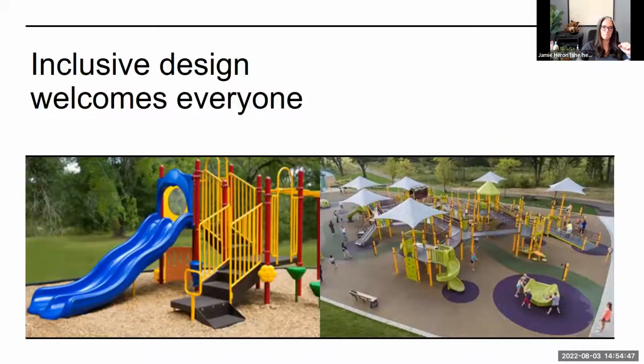I use this picture to talk about inclusive design, and I want to show you this slide or the image on the left of this red and yellow and blue playground set. It's technically accessible. It's marketed as accessible.